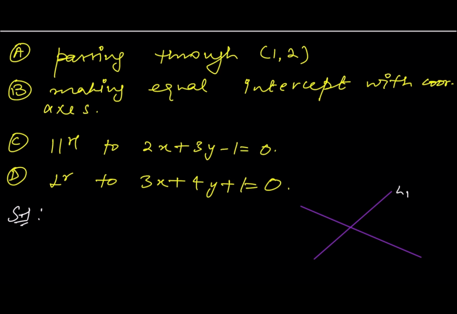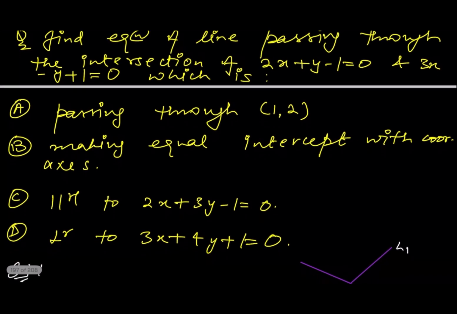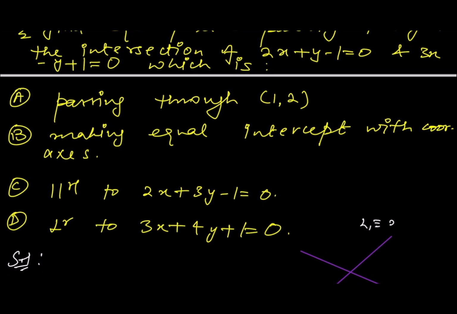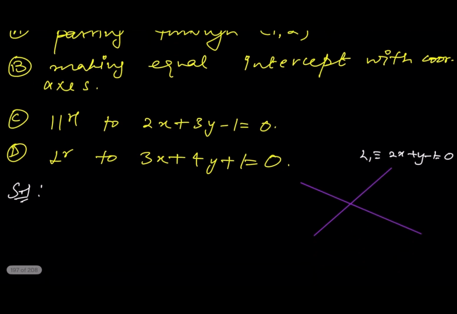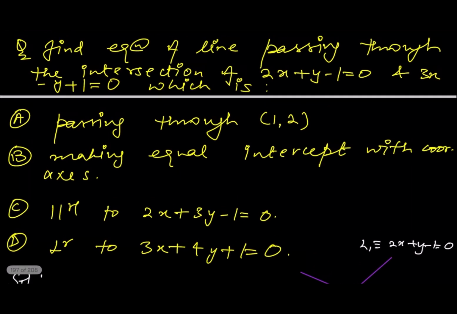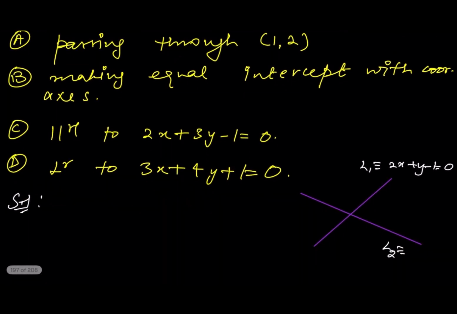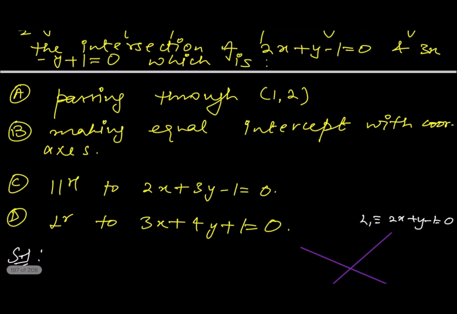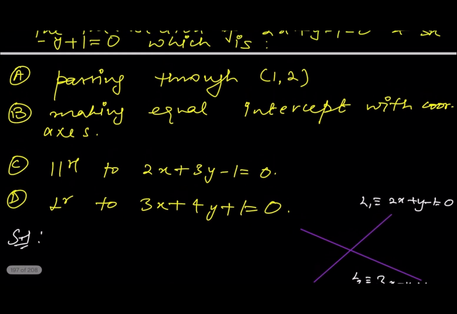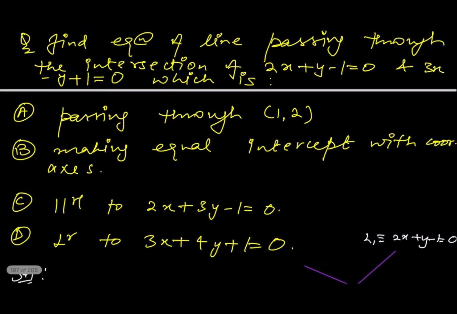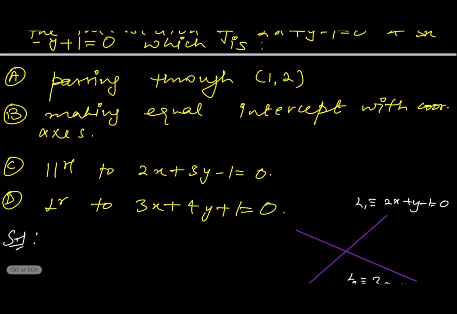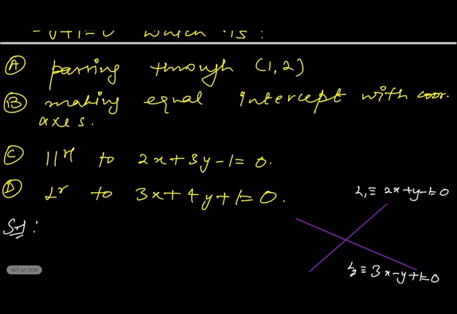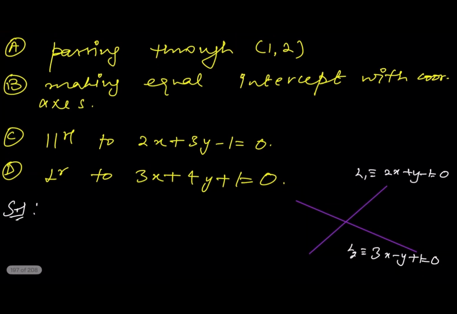Now L1 is 2x plus y minus 1 is equal to 0, and L2 is 3x minus y plus 1 is equal to 0. Now through the intersection of L1 and L2, a line passing through 1 comma 2 means I have to give the equation of that line which is passing through 1 comma 2, right?